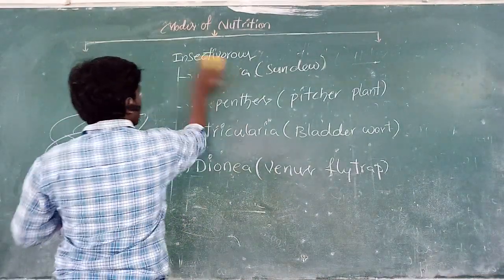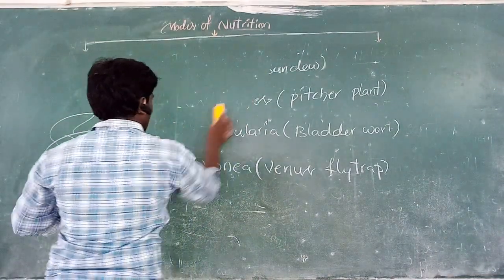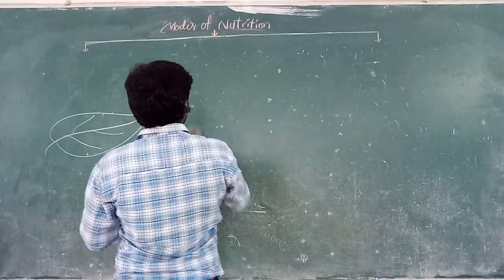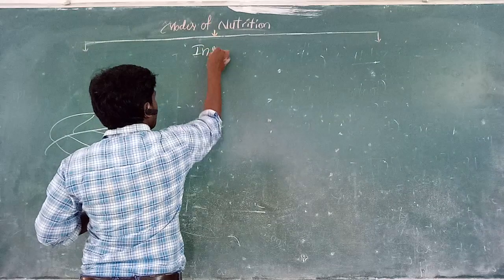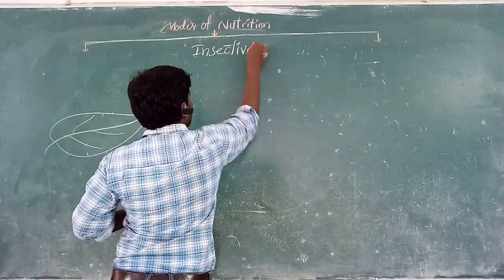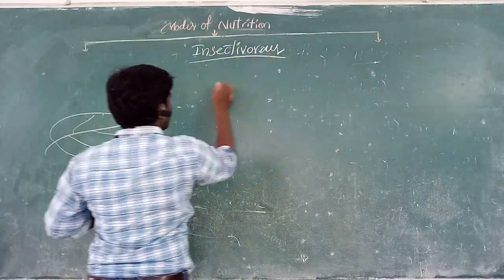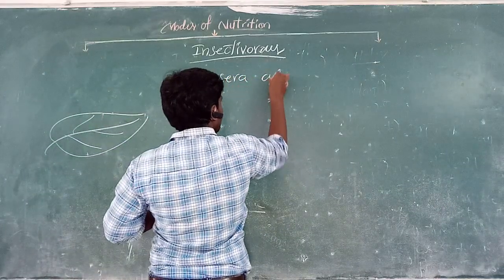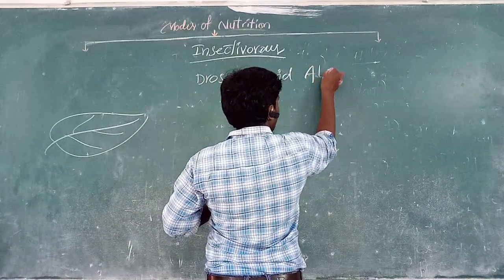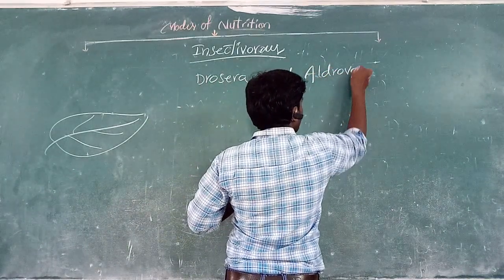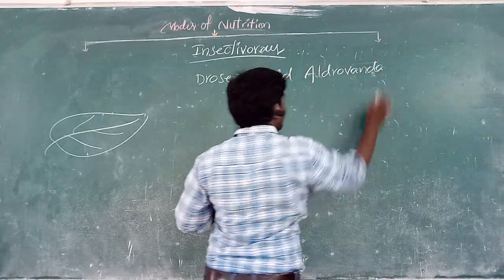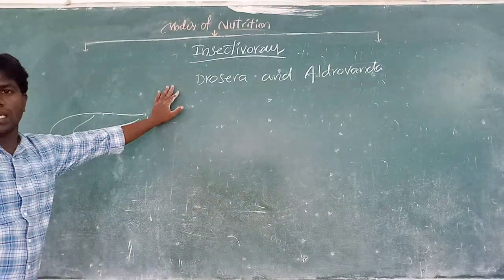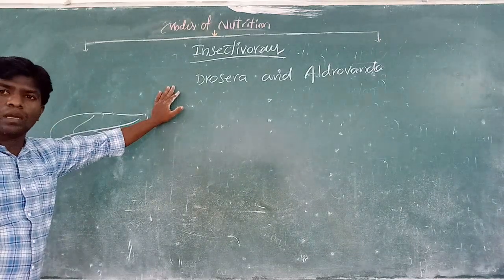Drosera and Aldrovanda, these are types of insectivorous plants.